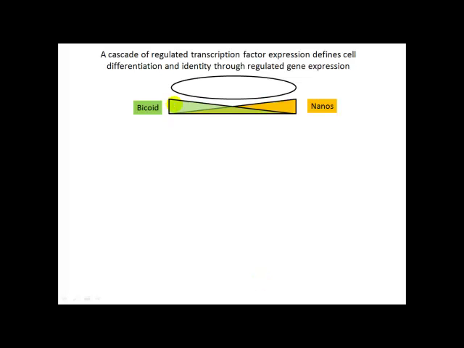So remember that we started with a gradient of these morphogens, bicoid and nanos, such that at the region of the embryo that's fated to become anterior, and remember this was even before we had fertilization, so really in the oocyte, we had a high concentration of bicoid protein because bicoid mRNA had been specifically localized to that region of the oocyte. At the region of the embryo that's going to become posterior, we had a high concentration of nanos protein for the same reason, right? Nanos mRNA was localized there.